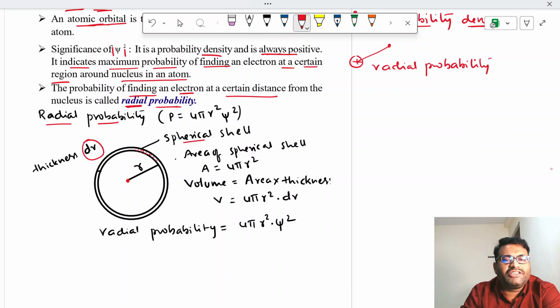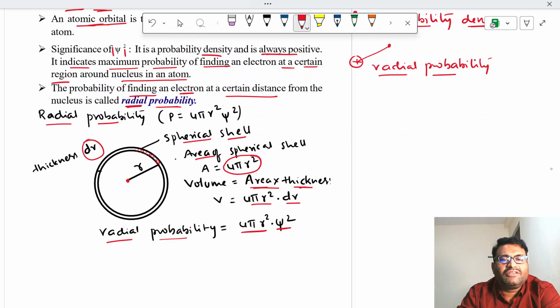For a spherical shell, what will be the area? 4 pi r square, and volume will be area into thickness. In this volume, there is the probability of finding the electron. Then volume will be 4 pi r square dr. So radial probability is given by 4 pi r square psi square. Radial probability means at what distance from the center of the nucleus the probability of finding the electron is present. That's called radial probability.